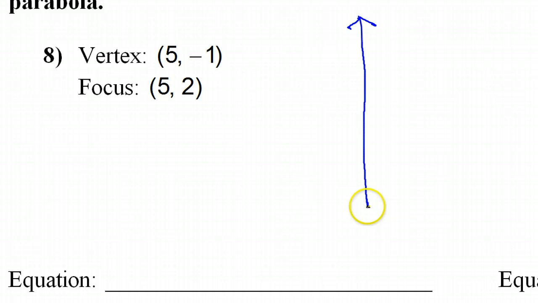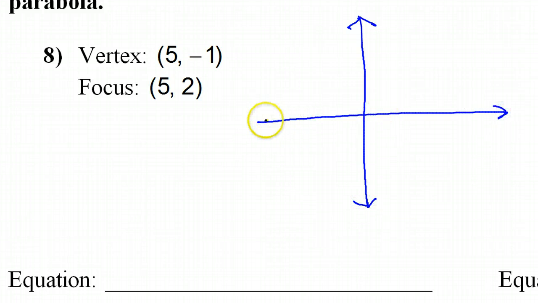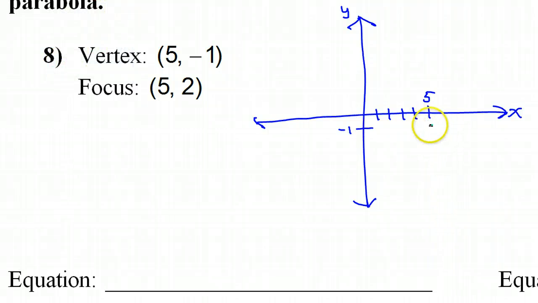Alright, so here's our y-axis and here is our x-axis. Okay, our vertex is at 5, comma, -1. So 1, 2, 3, 4, 5, and -1. Okay, so here is our vertex.